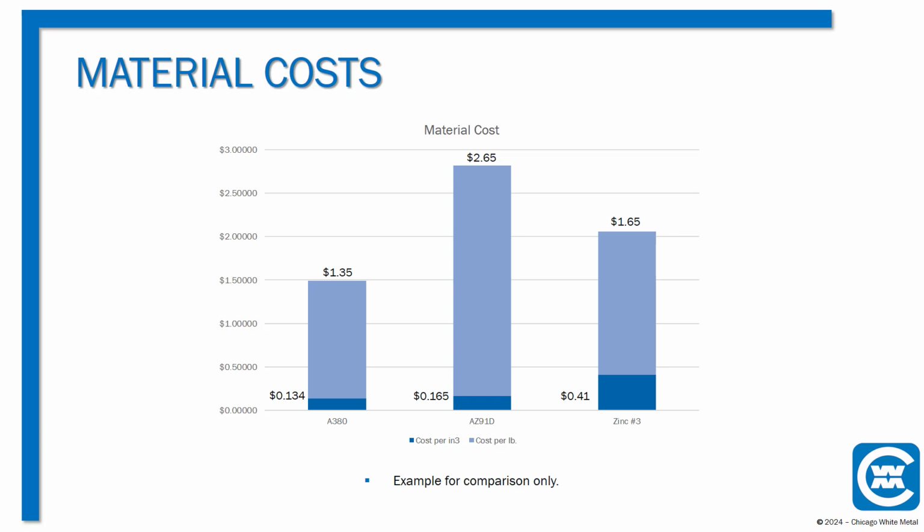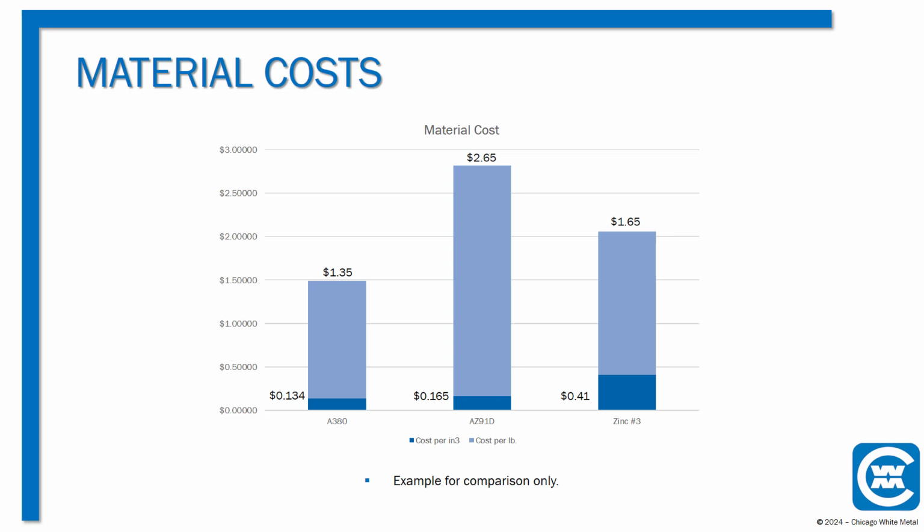Material costs. This is just a snapshot of where material costs are for the various alloys. Aluminum A380 is in the $1.35 per pound range. AZ91D magnesium is about $2.65, and zinc is around $1.65.